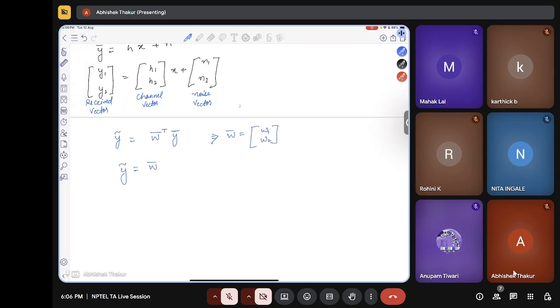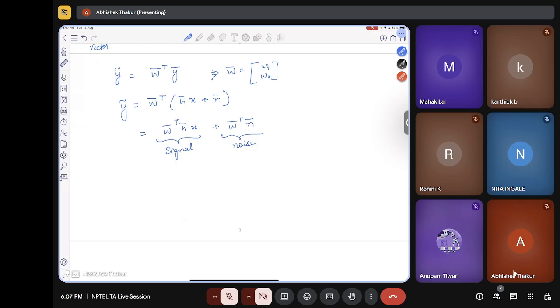This is equal to w bar transpose into h bar x plus n bar. So we can write this as w bar transpose h bar x plus w bar transpose n bar. This is the signal component and this is the noise component.